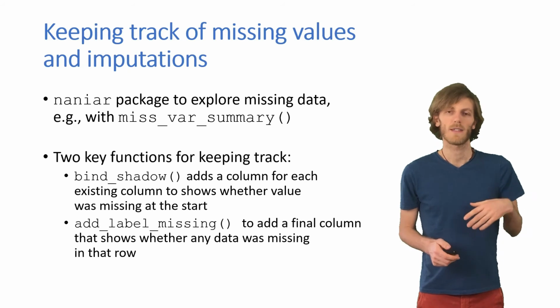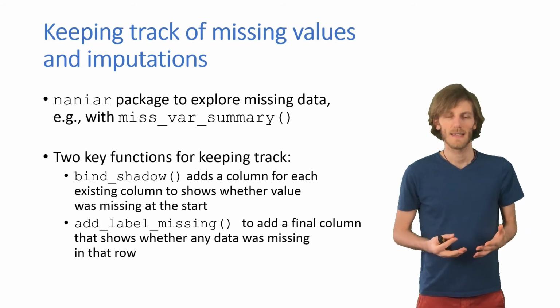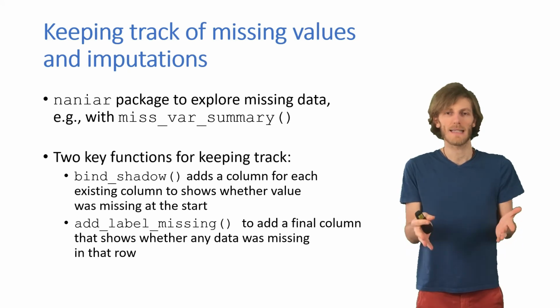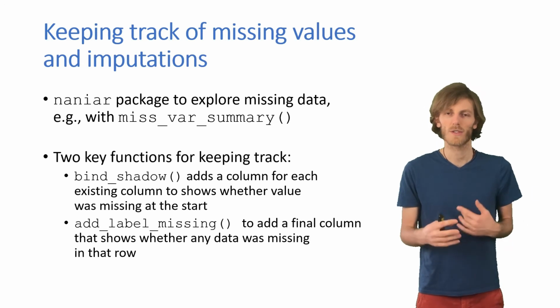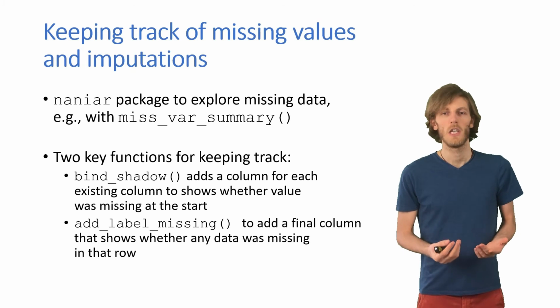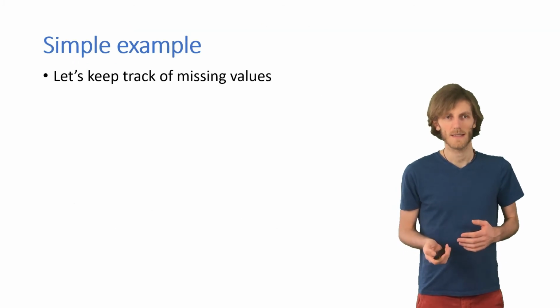And then we also have the function add_label_missing, which adds one more column that just indicates whether there was any missing data in that line to begin with. So those two functions are functions we generally want to run on our data before we start with any imputations.